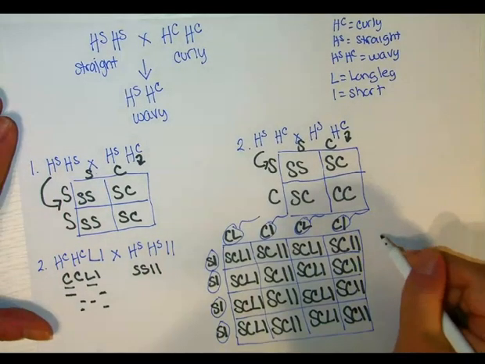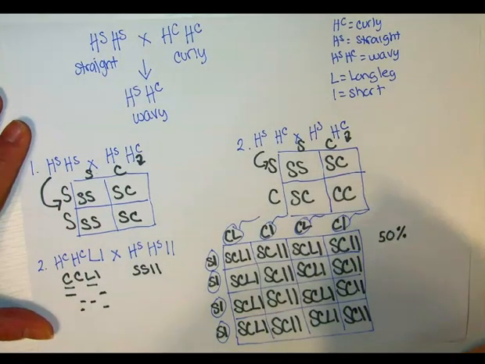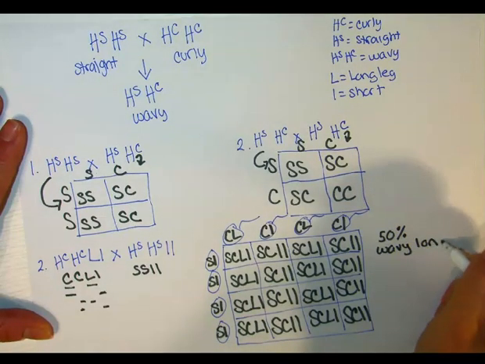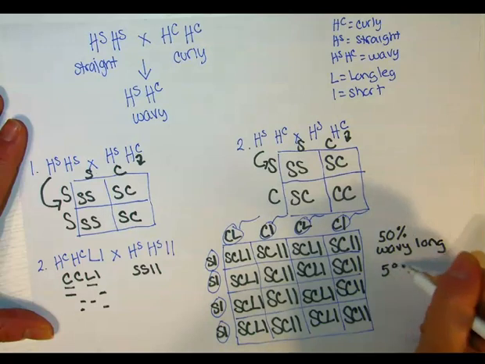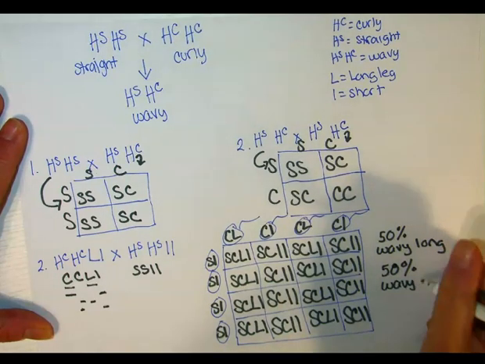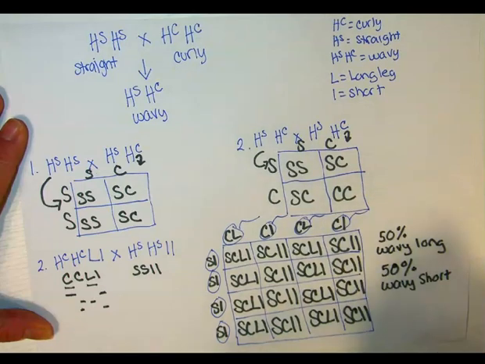So we're going to have 50% of the kids are going to be wavy with long legs, and 50% of the kids are going to be wavy with short legs. That's what the phenotypic ratio is, right?